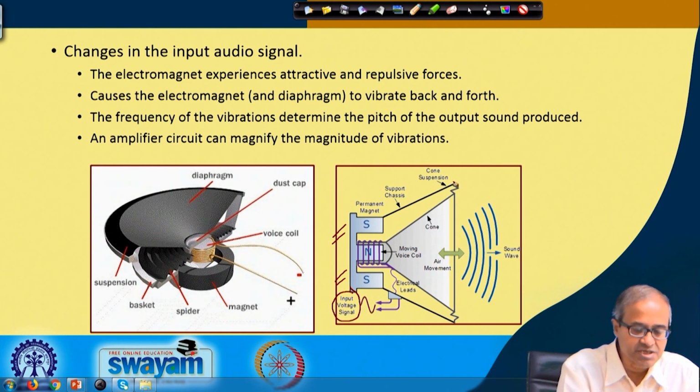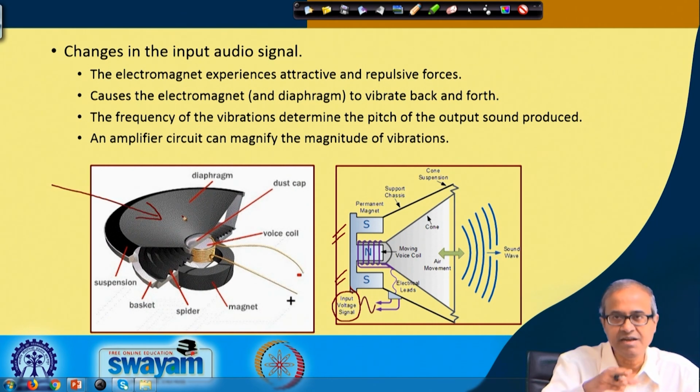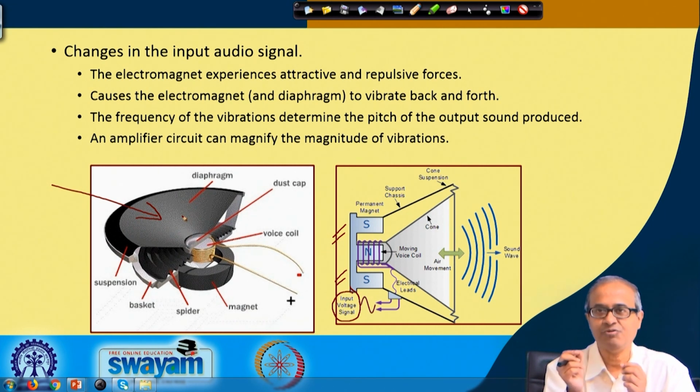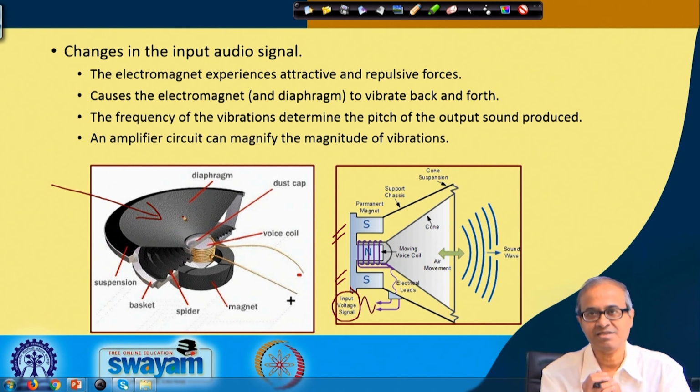In a speaker, you must have seen there is a diaphragm like this on top, a thin soft material that also starts moving back and forward. There is a vibration. Now, if that vibration is in a frequency range that our ear can hear, we will be hearing a sound.